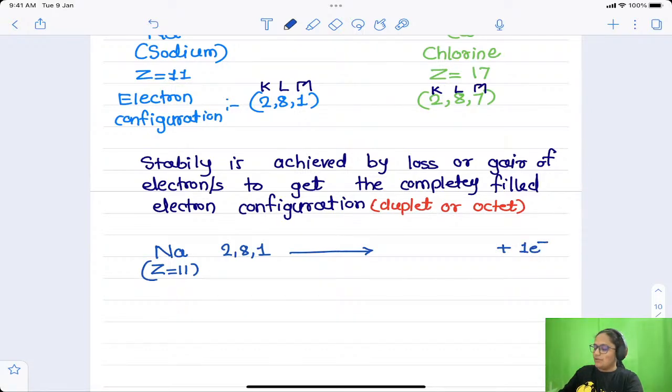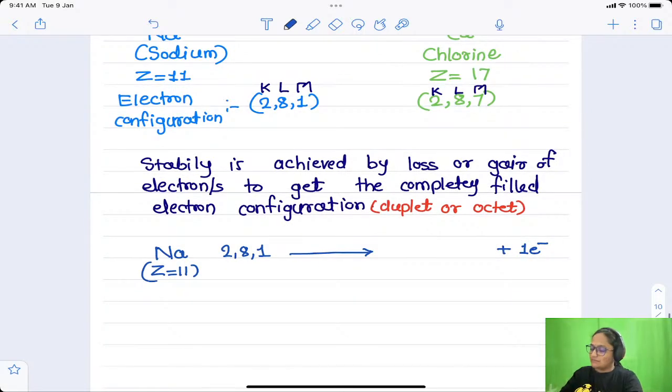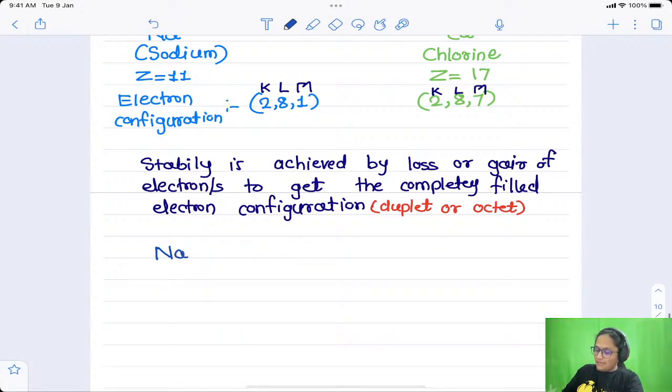Okay, and sodium will become, just a minute. Sodium is there, it is 2, 8, 1 extra electron is there, so that is going to lose that electron. So that electron, 1 electron I will write down here, and then electronic configuration will be 2, 8 only, right?